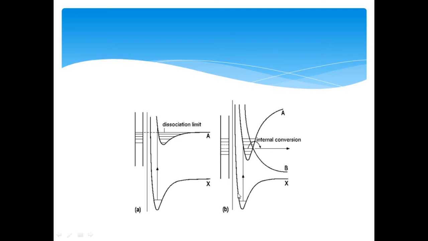So when an electronic transition occurs from the ground state to the excited state, that is a stable energy state.